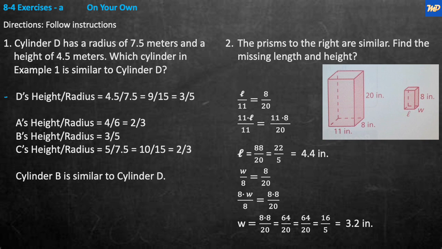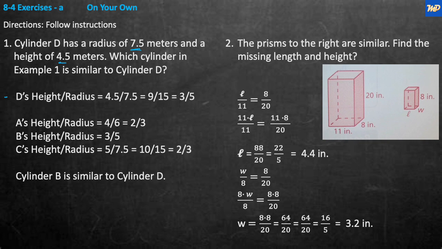That's what they gave us. If you multiply both of these by 2, you get 9/15. And 9/15 can be reduced or simplified down to 3/5. You can divide both by 3 and get 3/5.